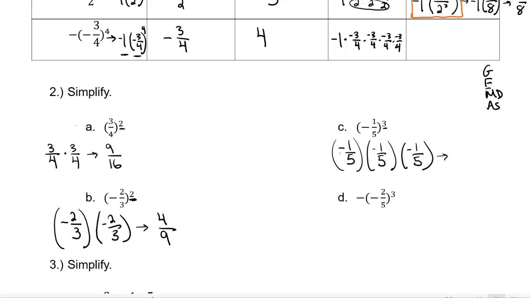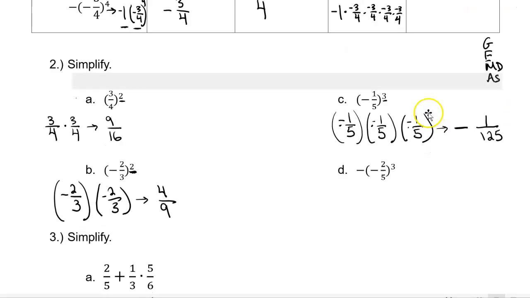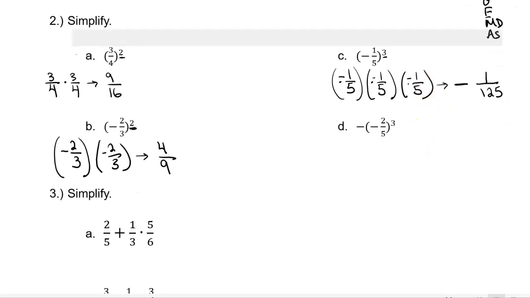Notice that a negative times a negative is a positive, times another negative is a negative. So my answer is going to be negative. Now I go ahead and multiply across, and I get 1 times 1 times 1 is 1. 5 times 5 is 25, times 5 is 125.